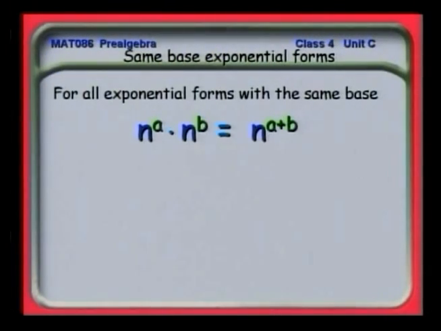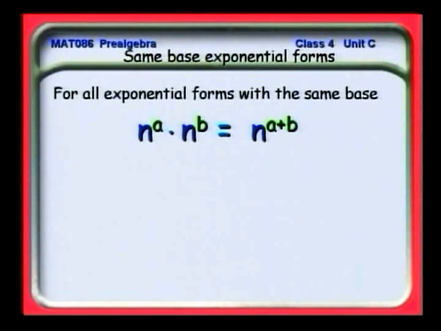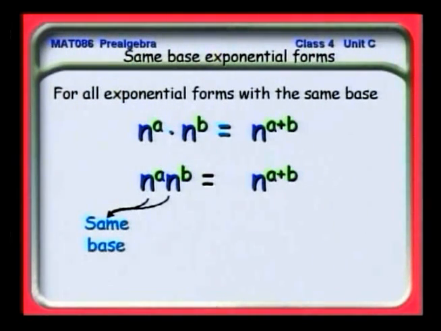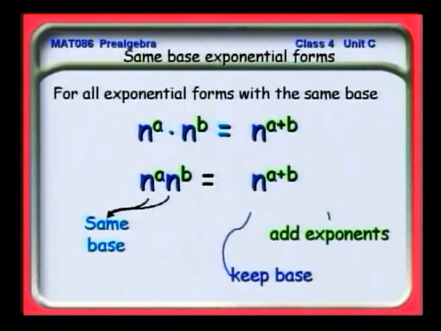For all exponential forms with the same base, we have this general rule: n to the a power times n to the b power is equal to n to the a plus b power. We notice that if the base is the same, we keep the base and add the exponents.